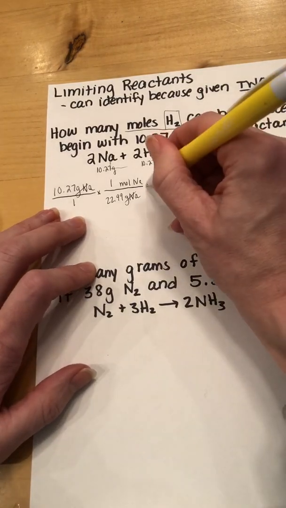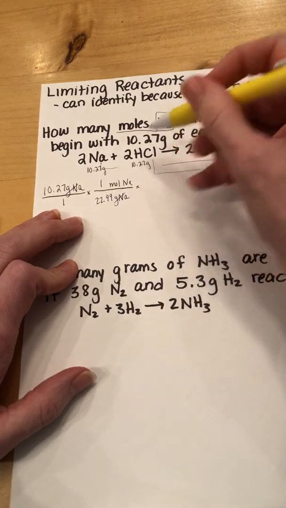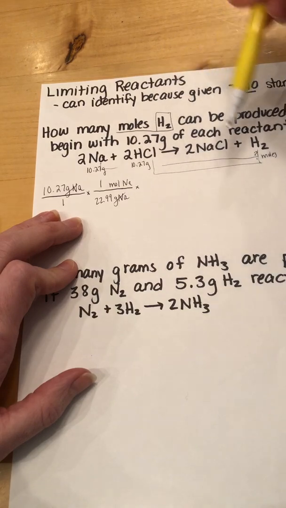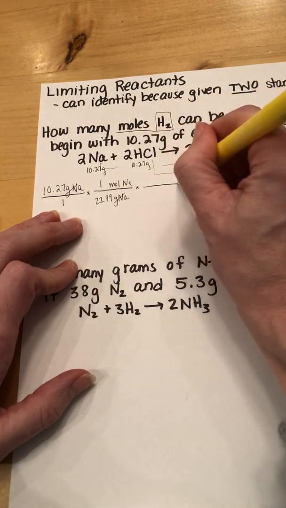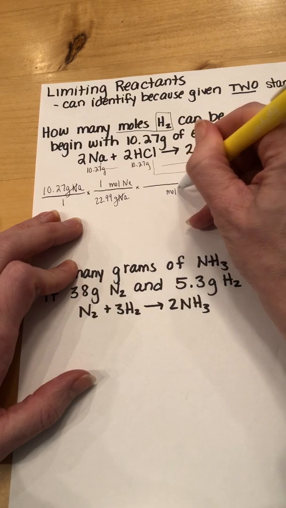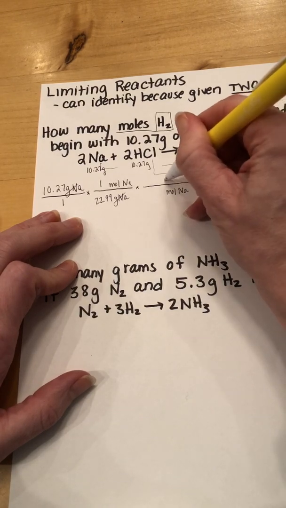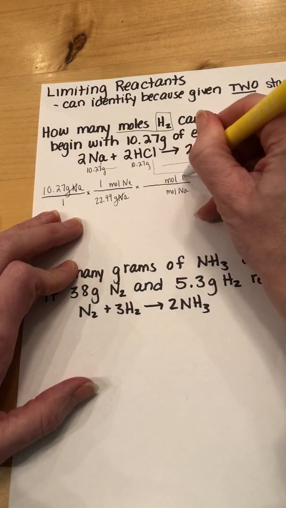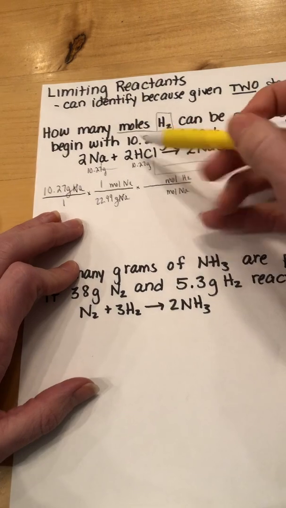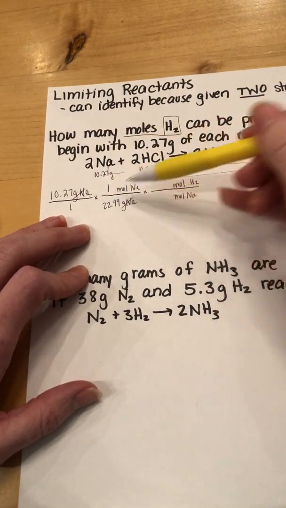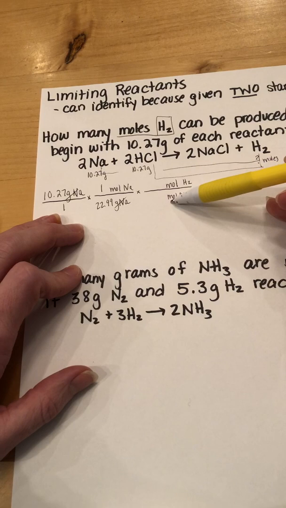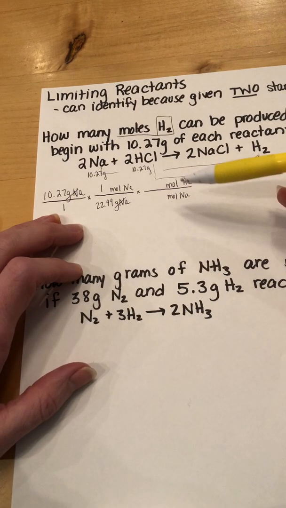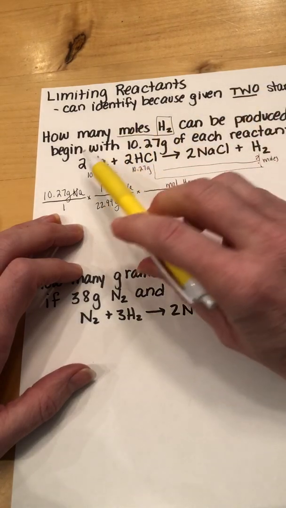So the next thing that I want to do, now that I'm in moles, now I can use the mole ratio to actually change from talking about sodium over to hydrogen. So since moles of sodium is on the top, I'm going to put moles of sodium on the bottom, and then moles of the substance that the problem's asking about, which is hydrogen. And outside of our basic conversions, when we're in the mole ratio step, this is the only place that our number of moles can be something other than 1. So the way we get these numbers is by looking at the balanced chemical equation.